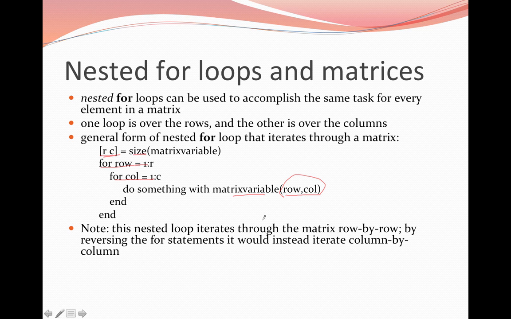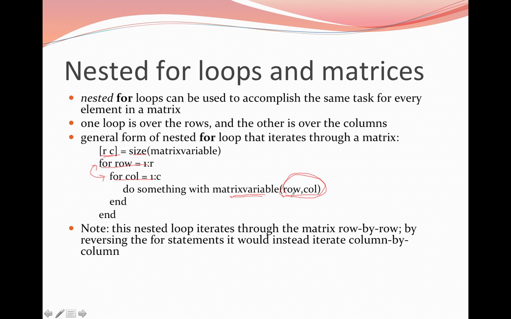Since the outer loop here is over the rows, that means we're iterating through the matrix row by row. If I wanted to instead loop through the matrix column by column, then all I would do is exchange these two for loops. Everything else would stay exactly the same. I would still say the matrix variable sub row comma col.